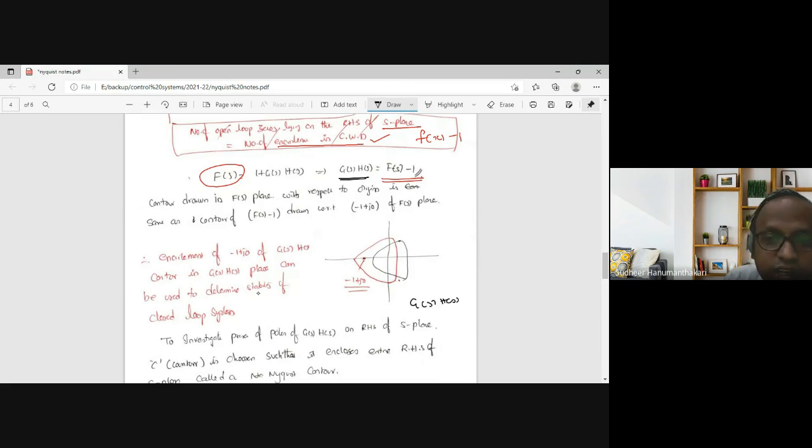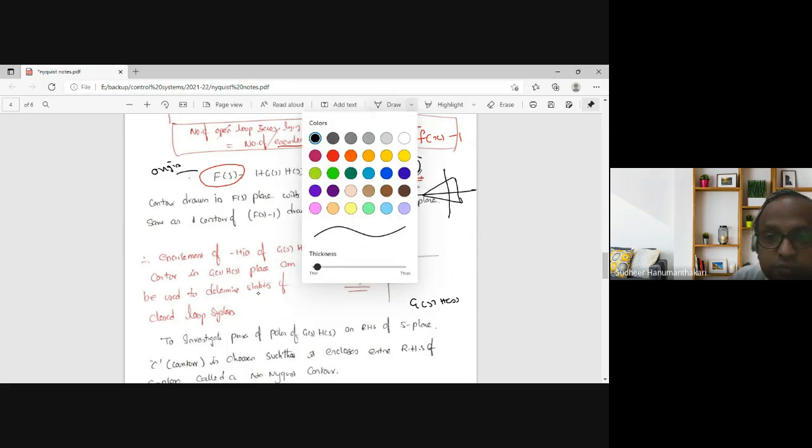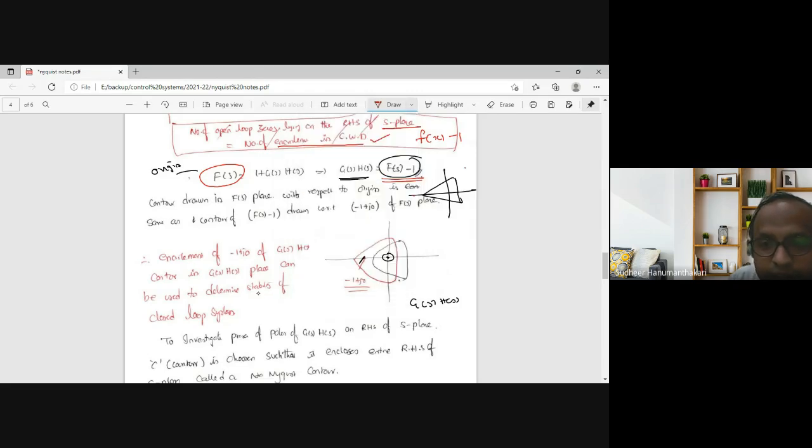So what will f of s encircle? F of s will encircle the origin. If f of s is encircling the origin, and you make f of s minus 1, it will get shifted to minus 1. So how do we get f of s minus 1? For example, my shape is something like this. I want f of s minus 1, so at each and every point, I have to take minus 1.